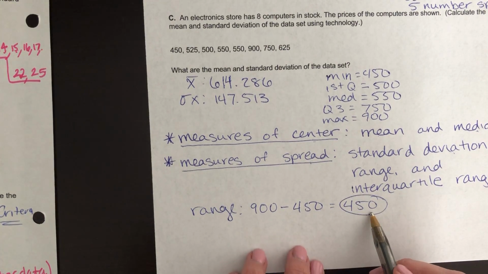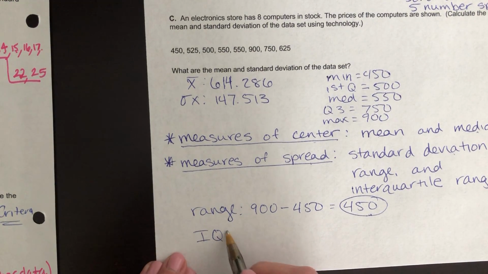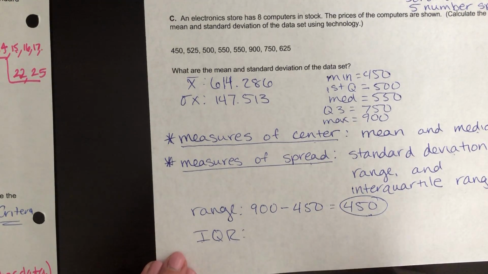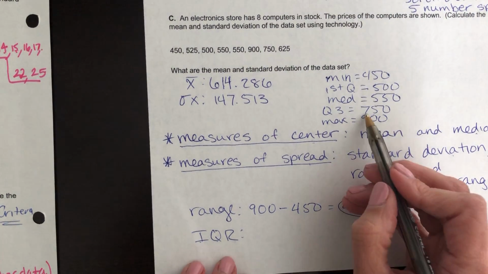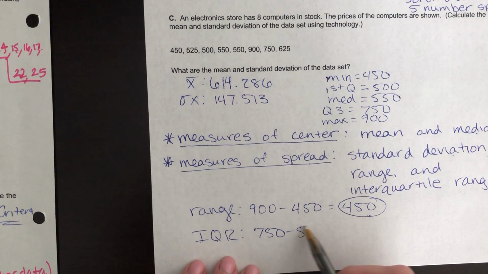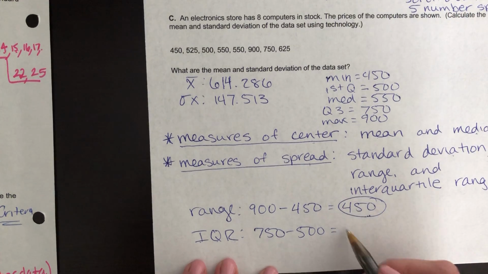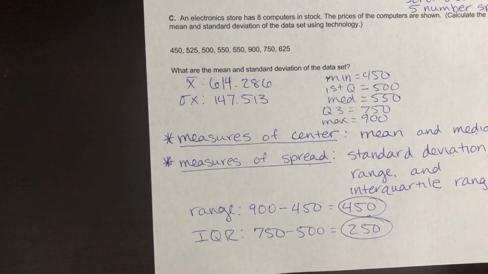If you're looking for the interquartile range, I'm going to call it IQR, you're going to do the third quartile, which is 750, minus the first, 500, and that would give you 250. All right, that is the end of that lesson.